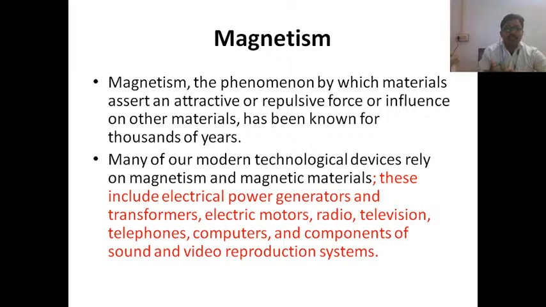These materials show magnetic properties without any application of a magnetic field or electrical field. You apply these materials in many applications like power generation, transformers, electrical motors, radio, television, telephones, computers. So these have a vast application in many things.